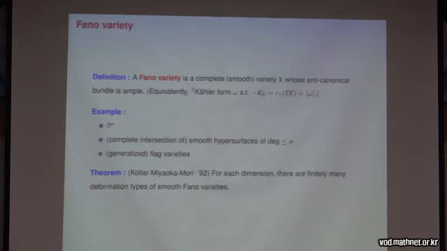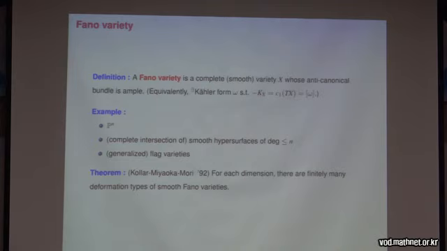A basic example is of course P^n, and any smooth hypersurface of degree less than or equal to n, or a complete intersection of smooth hypersurfaces whose sum of degrees is less than or equal to n, or generalized flag varieties, and so on.